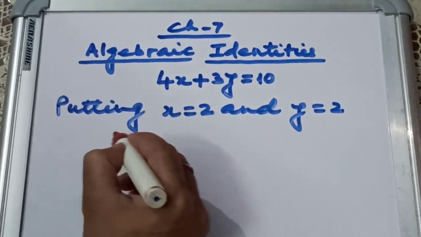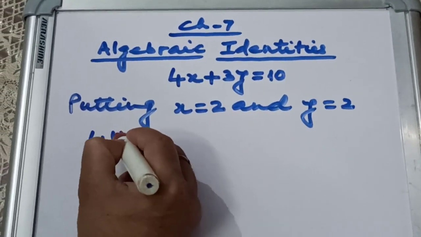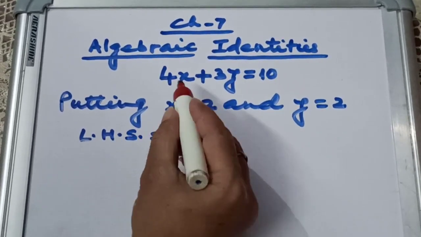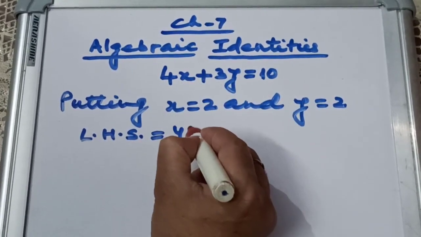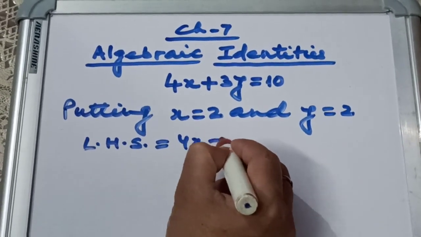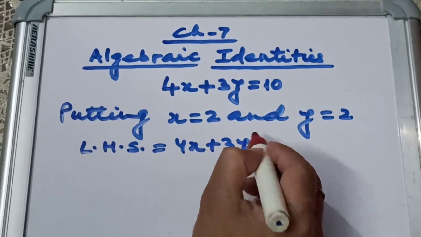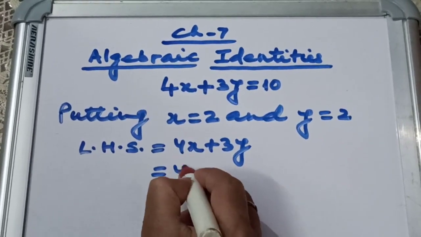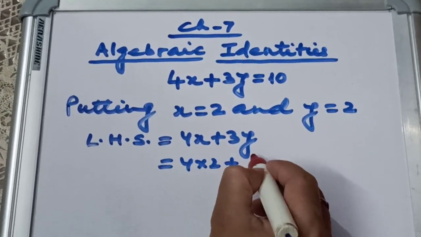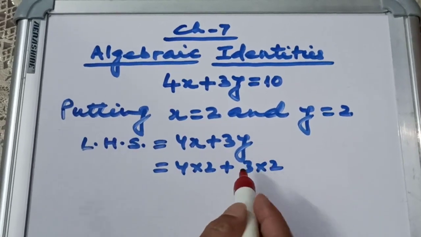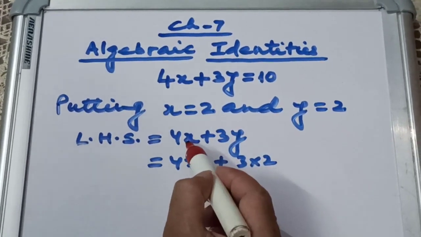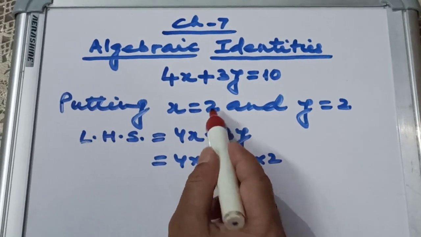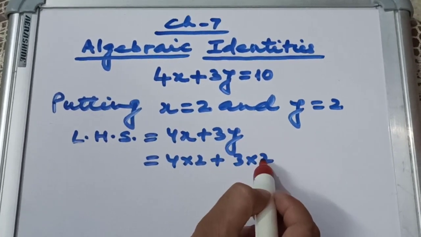See LHS: 4x plus 3y, 4 into 2 plus 3 into 2. We will put x is equal to 2, y is equal to 2.